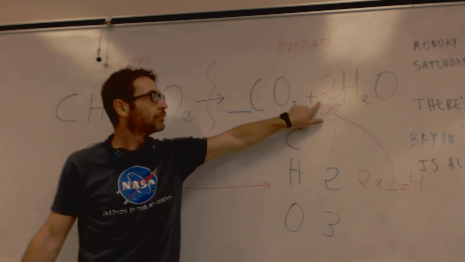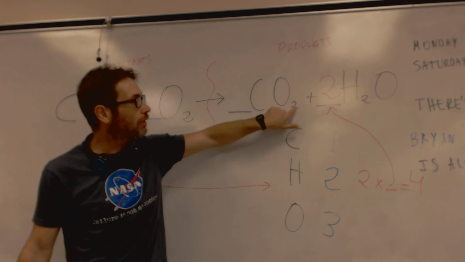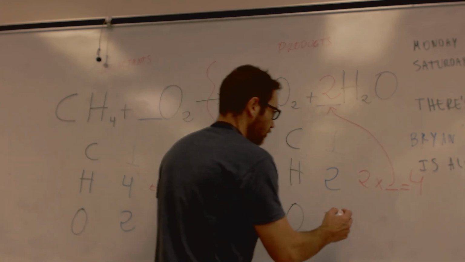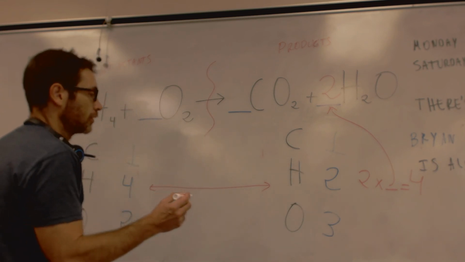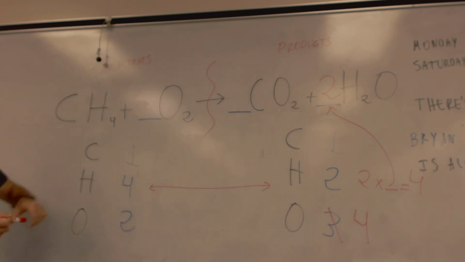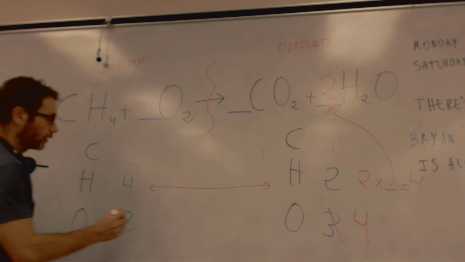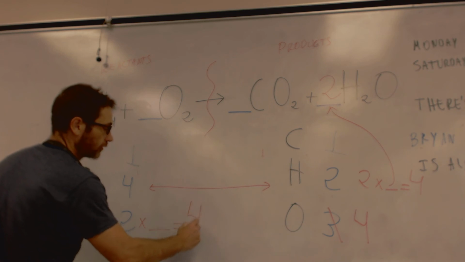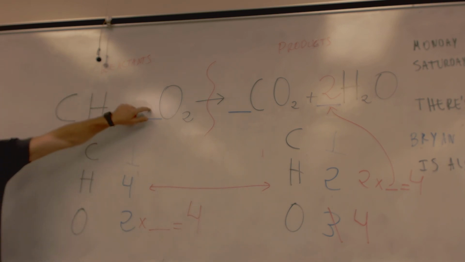No. 2. 2 plus 2 times 1 is 4. So you get 4 oxygens. So which number do you have to write here to have 4 oxygens? 2 times I don't know what must be 4. How many oxygens?